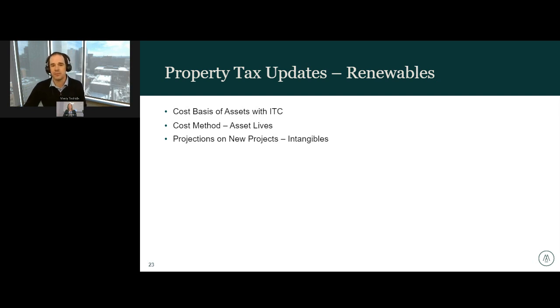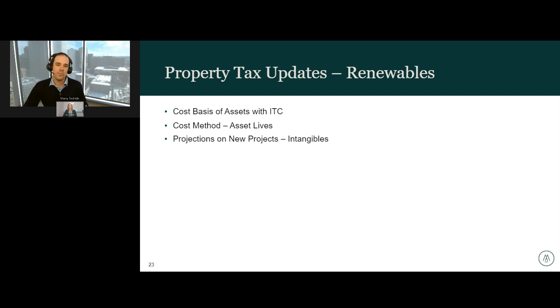And the third and final thing is on new projects and current projects. Do a lot of work, especially with the IRA coming in, on what am I going to pay for property tax every single year? It is one of the biggest operational costs for renewables.